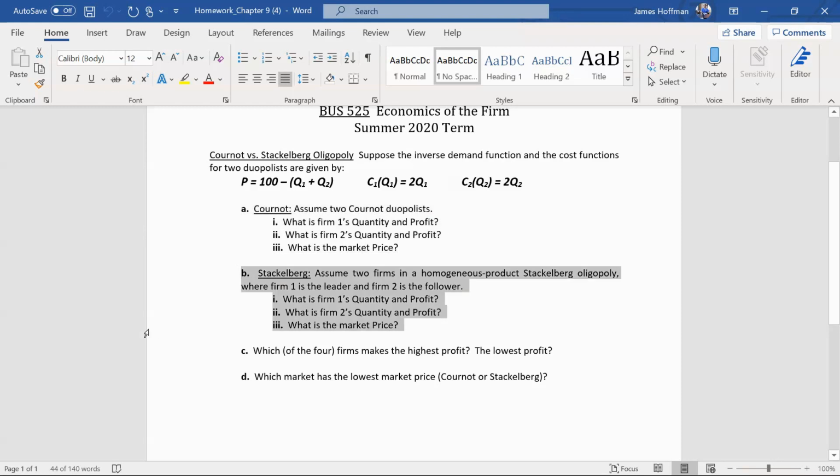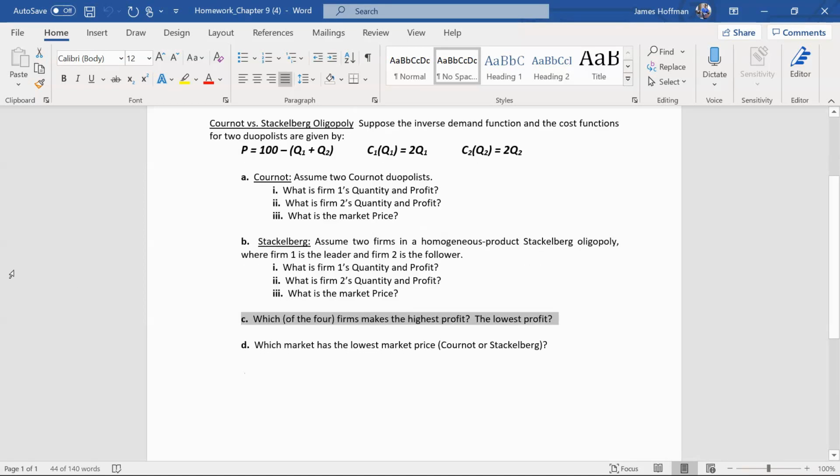Then using the same demand curve and cost functions, do it from the Stackelberg perspective where you have a leader and a follower, and find the leader firm 1's quantity and profit, the follower firm 2's quantity and profit, and then the market price. Then compare all four firms: which of the four makes the highest profit and the lowest.